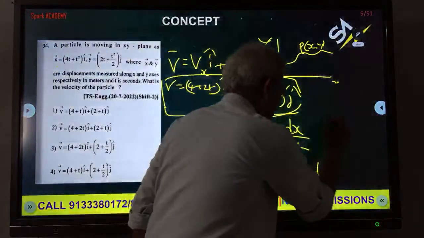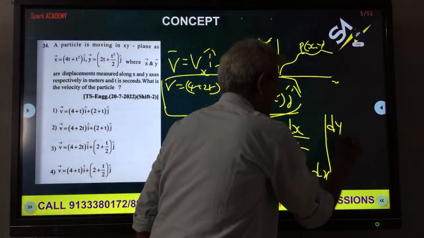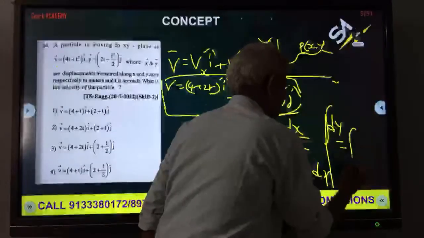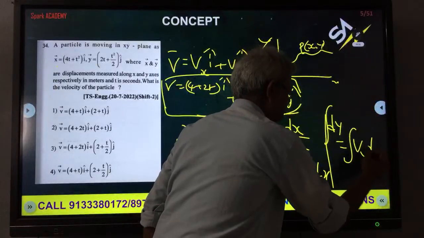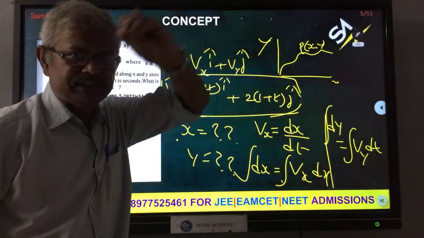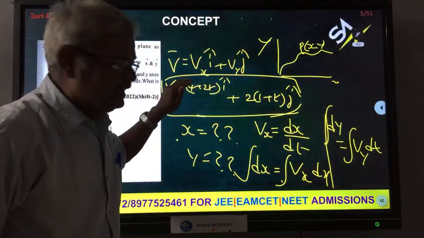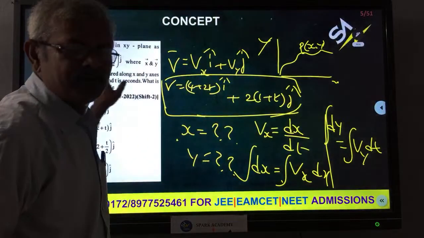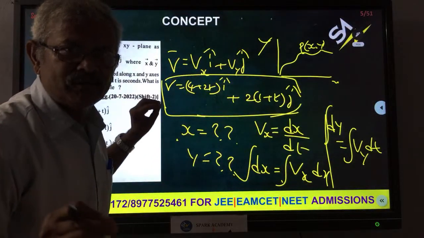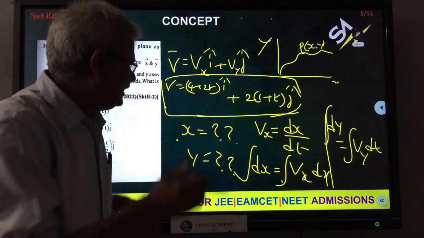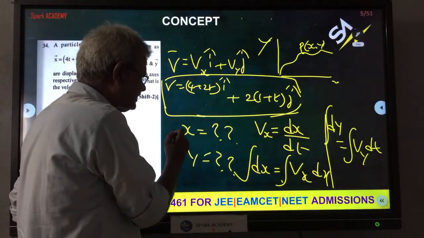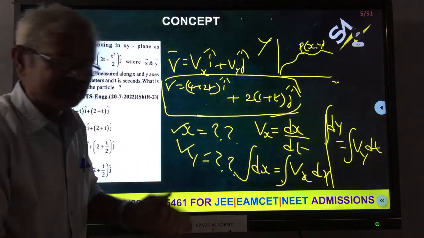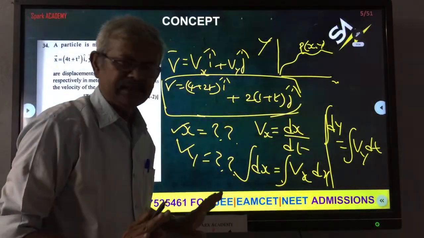Similarly, the integral of dy is equal to vy dt, and we will get the y coordinate. So in the same question, if it is a function of time, here it is given x and y coordinates. We want velocity, therefore we have differentiated. If they give velocity like this, what are x and y? Then same thing, reverse process. It is like this. Understood?